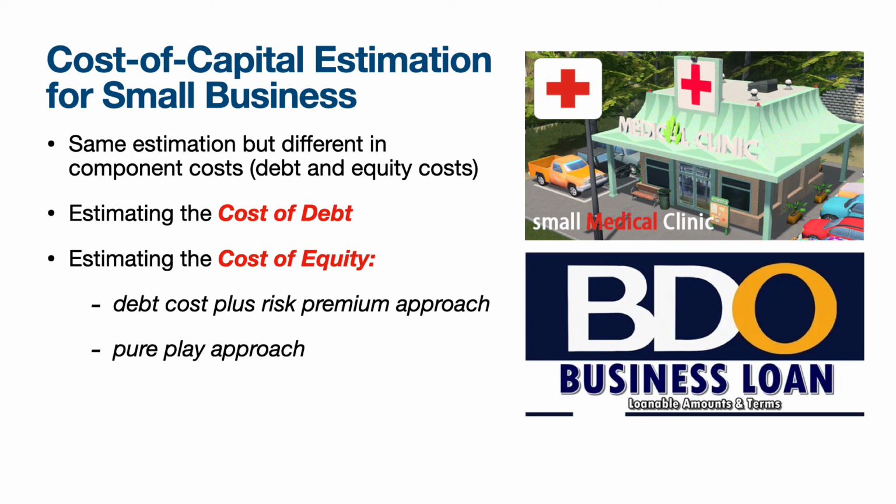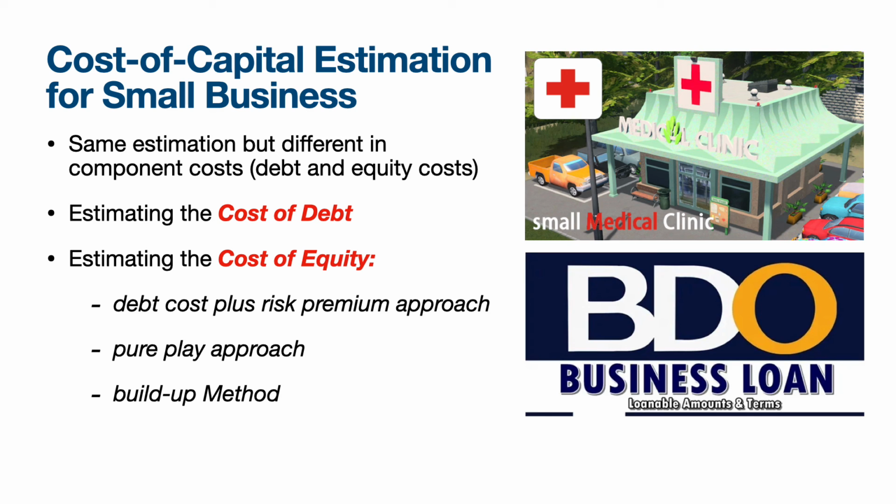If the riskiness inherent in practice management is the same as the risk involved in the ownership of a small group practice, a beta of 0.88 can be used to proxy the ownership risk. Then, the CAPM approach, which we discussed earlier, can be used to estimate the small business's cost of equity.